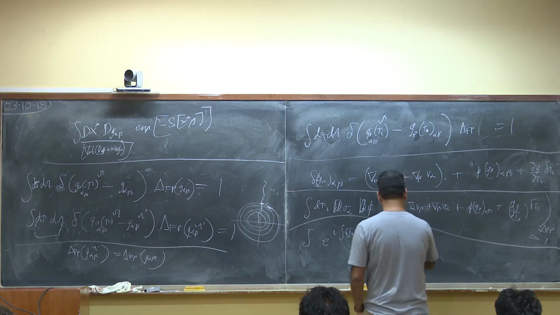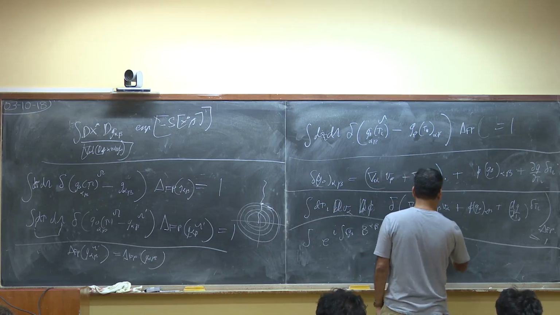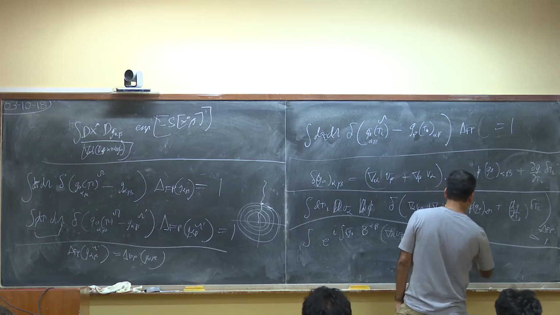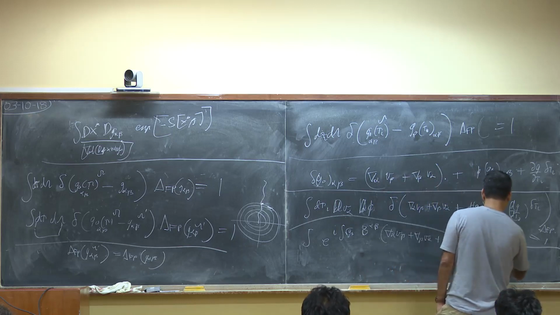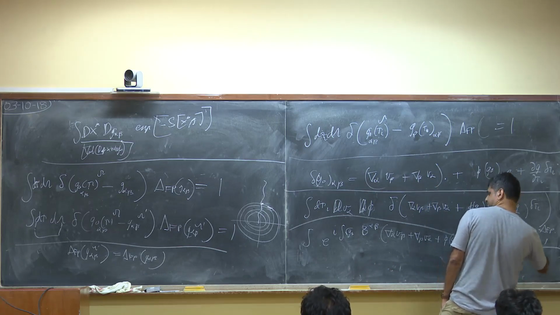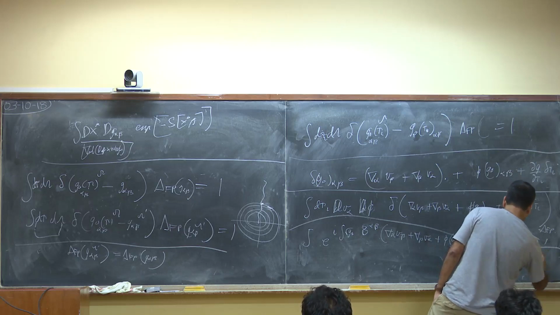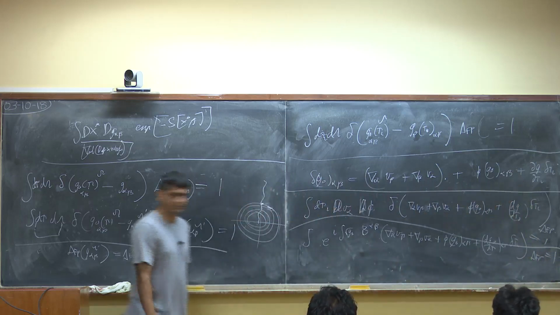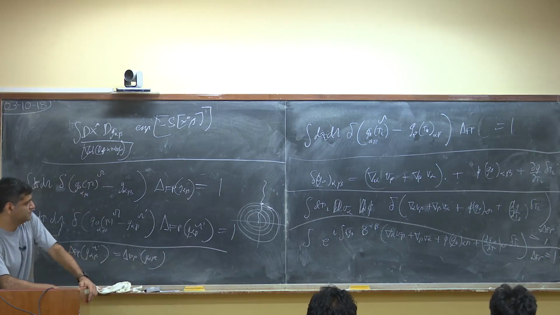Now V, this will be V alpha plus phi g naught alpha beta plus d g naught by d tau i alpha beta del tau i, times delta Faddeev-Popov is equal to 1. Delta Faddeev-Popov.